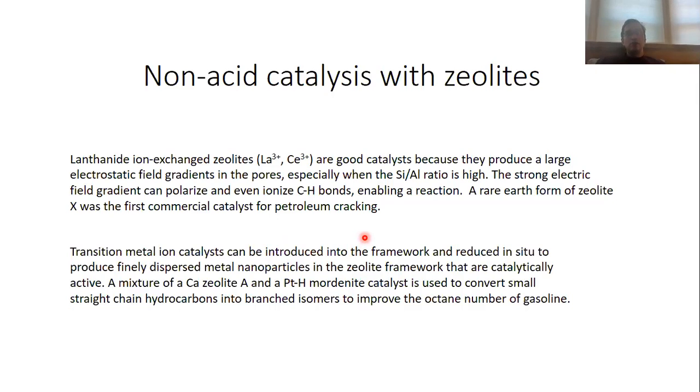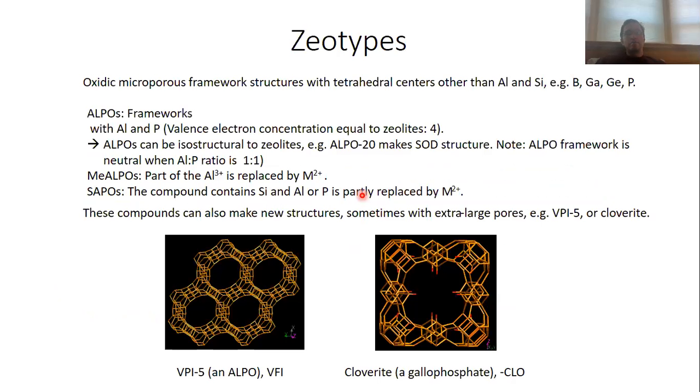So for instance, you can deposit little platinum nanoparticles in a zeolite, whereby these platinum nanoparticles then can act as a catalyst within the zeolite pores. This way, we can, for instance, convert small straight chain hydrocarbons into branched isomers, improving the octane number of gasoline.